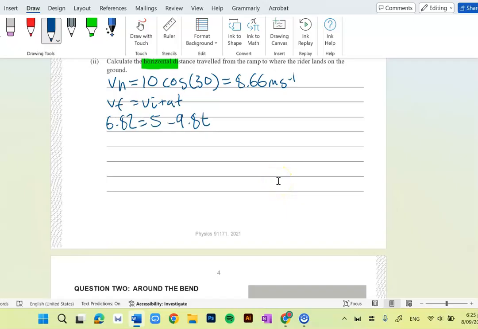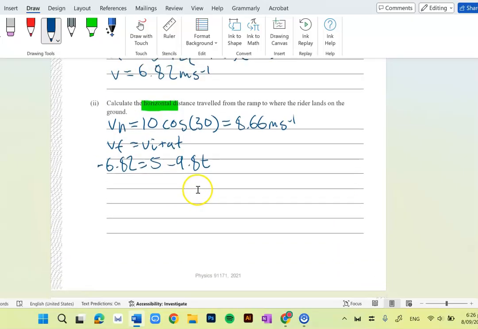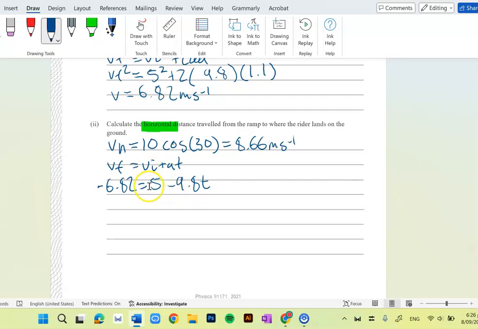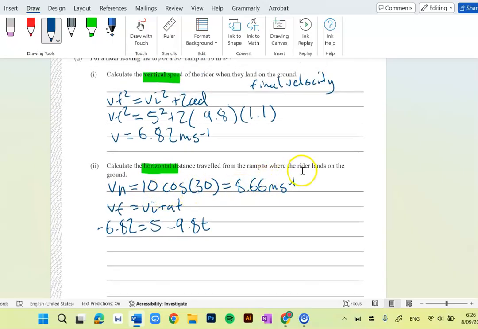Now it's just moving stuff around so we can get what t is. Actually, this 6.82 needs to be a negative, because that's when it's going downwards. The speed when it falls is negative because it's going downwards.